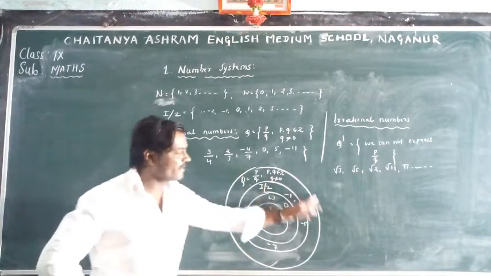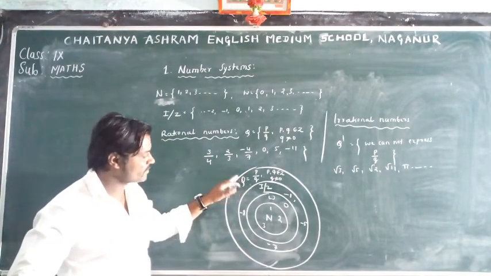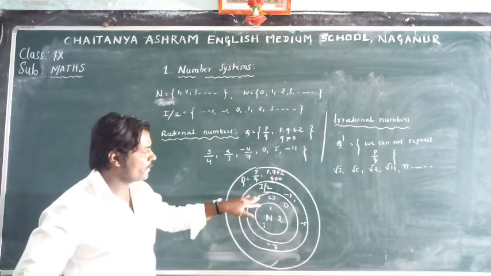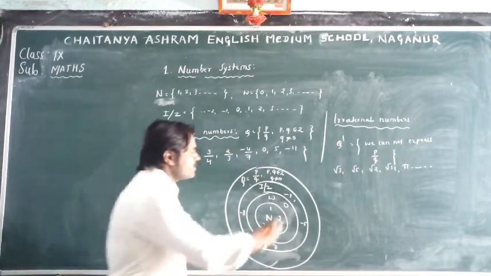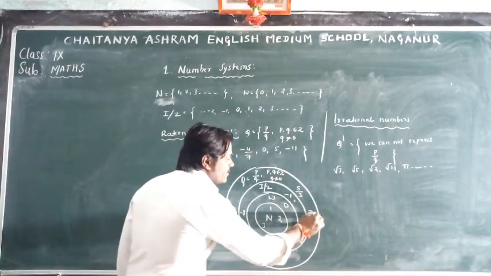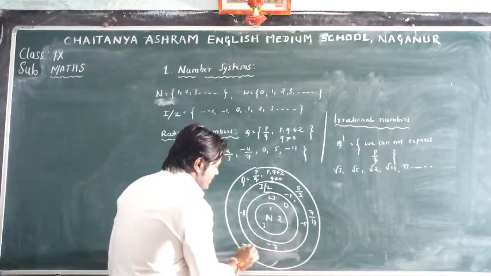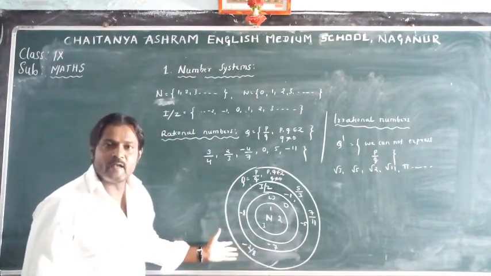So which is the bigger set here? The rational number set is the bigger set, because every natural number, every whole number, every integer we can write in the form of p by q. Not only this, some numbers are already in the form of p by q, 5 by 3, 7 by 11, minus 2 by 8. These are also rational numbers.